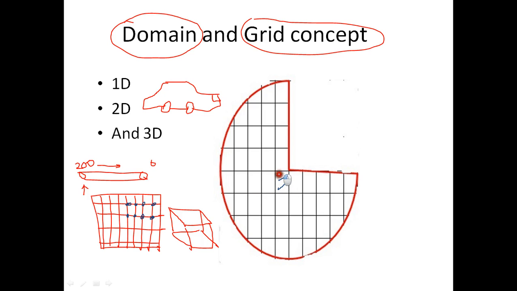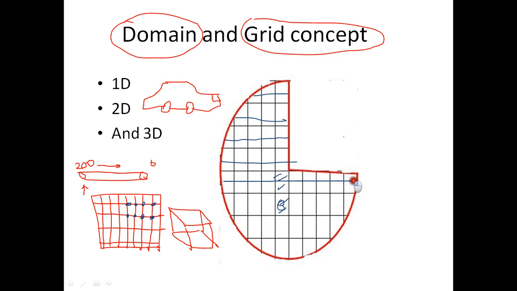So in the finite difference method we have to first discretize our domain into a number of subdomains. It can be even smaller. If it is smaller, then we'll have better accuracy, better solution.